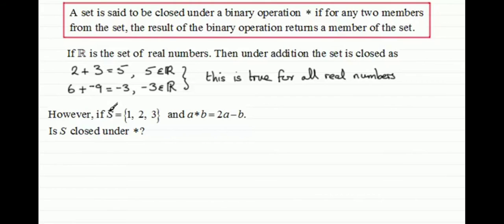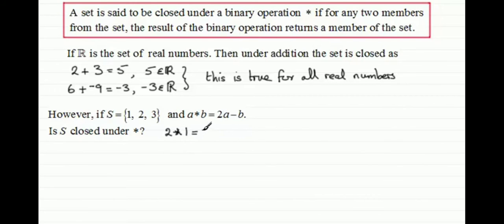Now let us consider another example. Here I have taken the set to be only three numbers, 1, 2 and 3, and the binary operation star is defined by 2a minus b. We are asked to check whether S is closed under star. So, if you perform the operation, the result should be in the set. Let us perform the operation for 2 star 1.